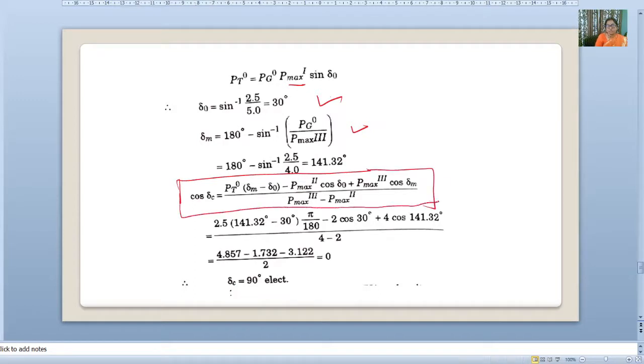Okay, if you substitute the values you will get the equation. Now here one thing you can remember: in steady state stability the angle reaches up to 90 degrees, after that it is unstable. But in transient stability the angle may go beyond 90 degrees. While the critical clearing angle will be less than 90 or near to 90.